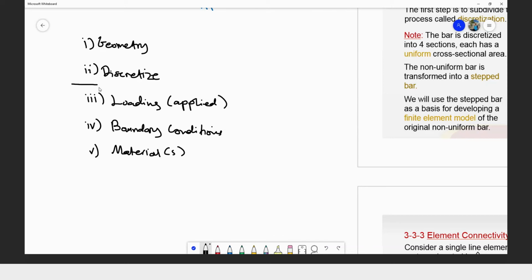And then when we have all of this information, then we can start to set up the system of linear equation in the form of KQ equal to F, so that when we solve this equation, we can obtain the Q, which refers to the displacement of the structure under the given loadings to our structure.